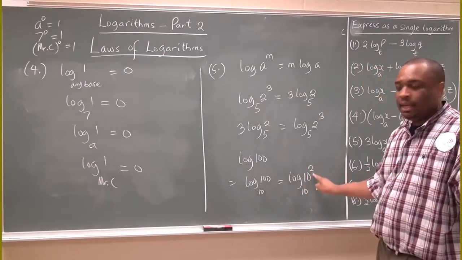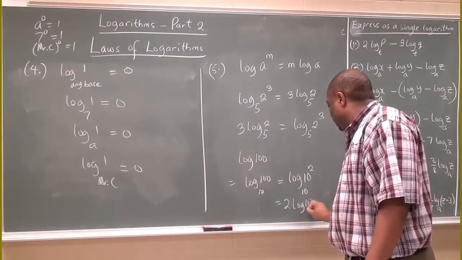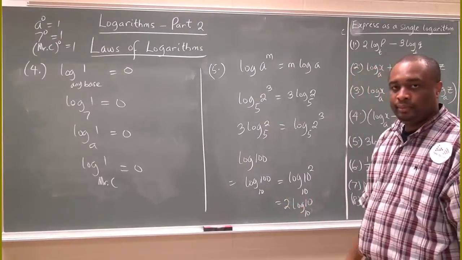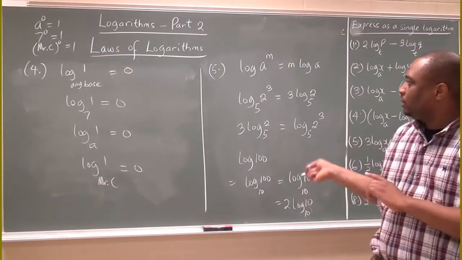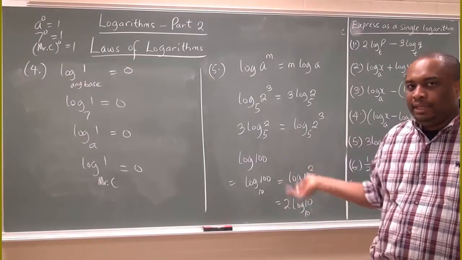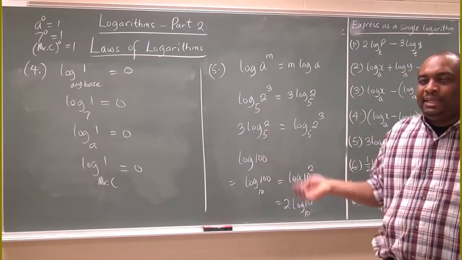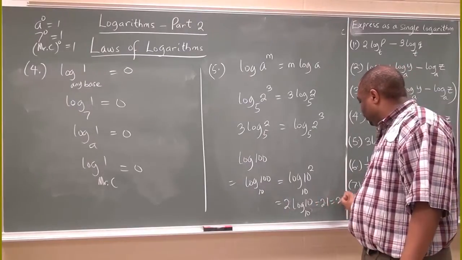So this will now give you 2 log 10 base 10. And log 10 base 10, remember what we did in the third law: log a base a is 1. Log 5 base 5 is 1. Log 7 base 7 is 1. So this is 2 times 1, which is 2.